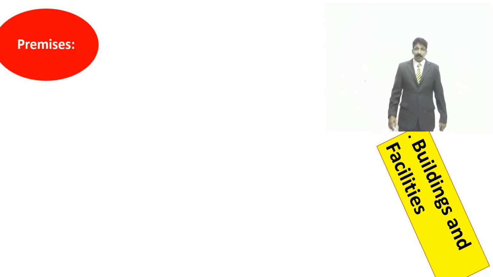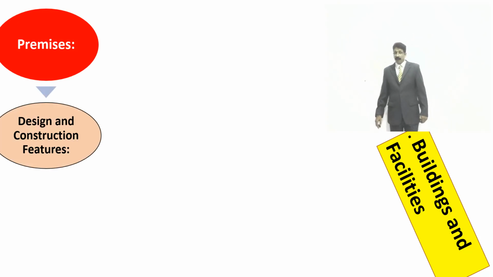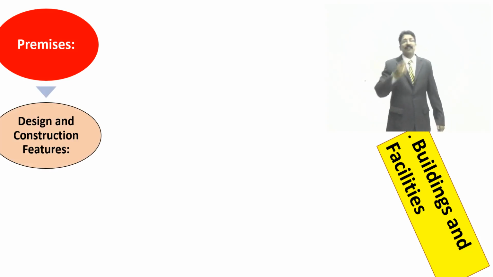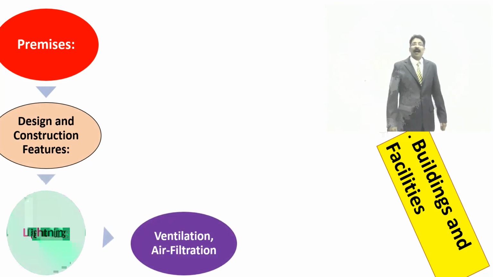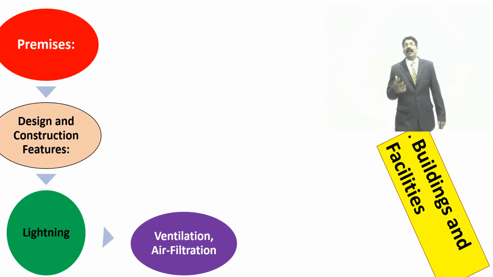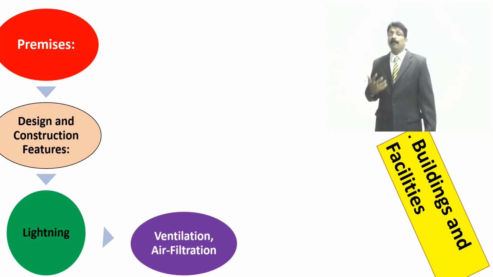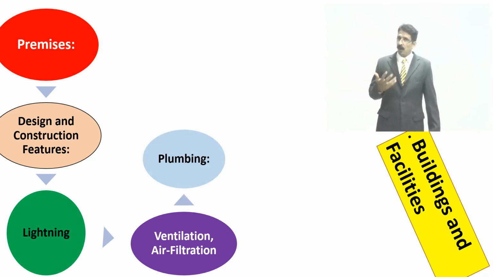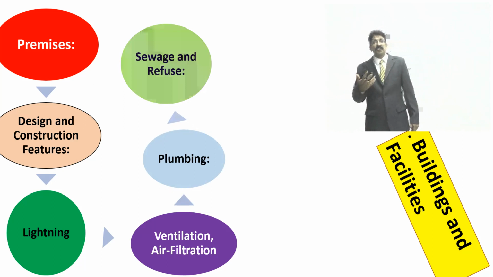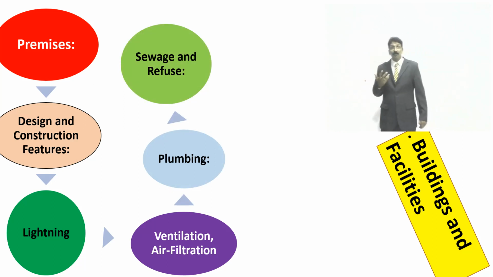And when you come to this building and facilities, whatever we have discussed, I have made into points which have to be remembered: premises and design of construction, features, lighting and ventilation, air filtration in the building construction. Plumbing plays a major role, and sewage and refuse, how you have to maintain them in the building.